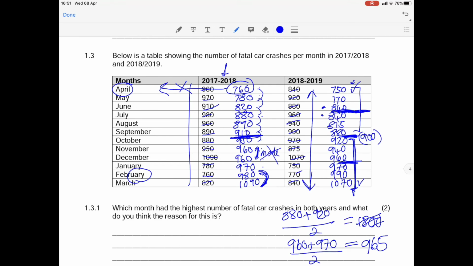Whereas over here, between the maximum and the number below it, you've got an increase of 110. So this we can regard as an outlier. The problem with your mean is that it is going to be skewed towards the higher values because of this outlier. So therefore, we will rather use our median, which is going to fall between 910 and 950.